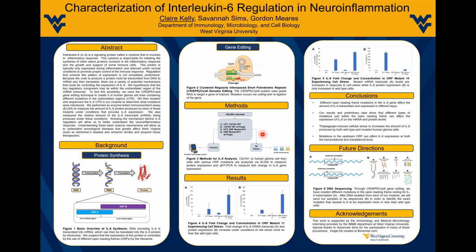To induce a cellular stress response, we treat with a chemical called thapsigargin, which is used to induce stress, particularly in the cell's endoplasmic reticulum. The endoplasmic reticulum is the part of the cell that is responsible for producing proteins and processing them to create the functional proteins that our cells need.